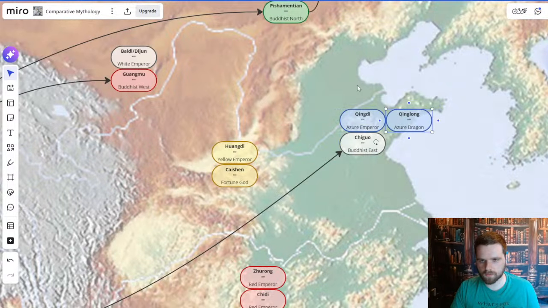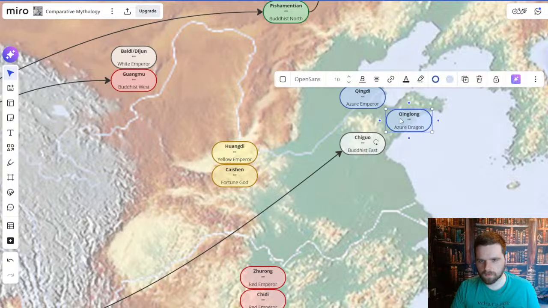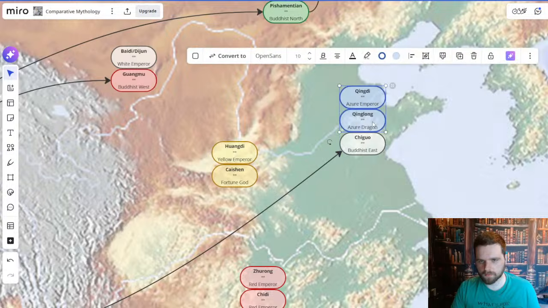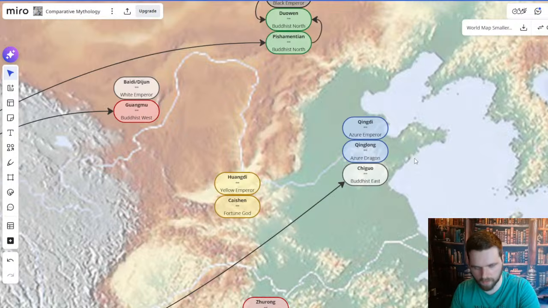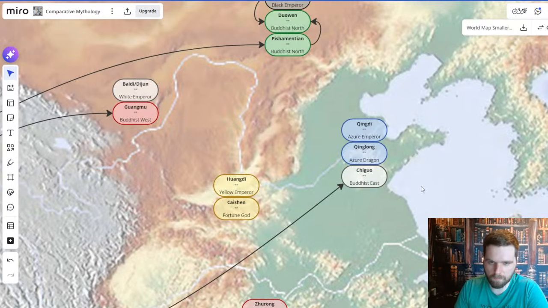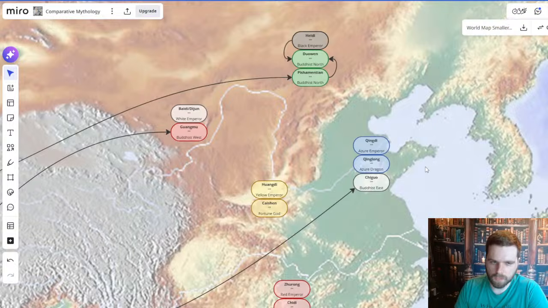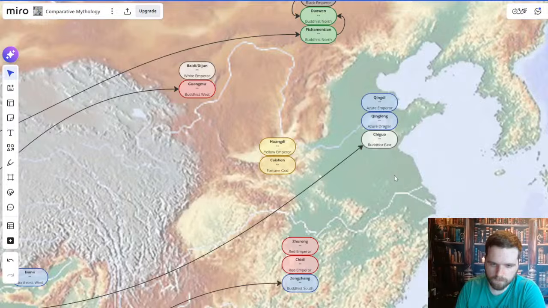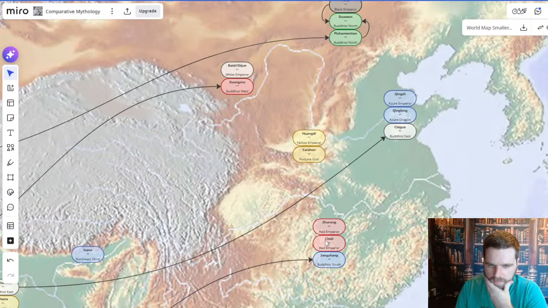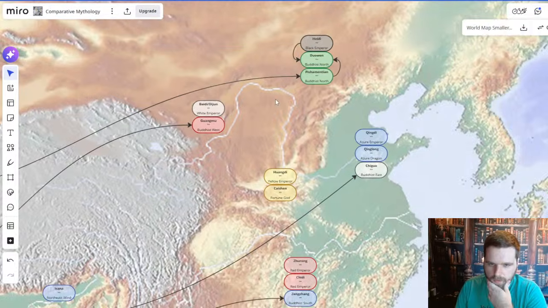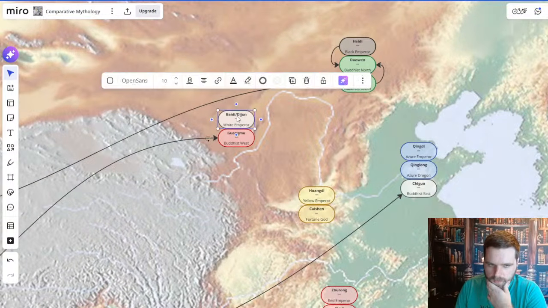Now each of these animals is kind of like a super constellation. In Western astrology, constellations would be made up of these four constellations. In China they are made up of many constellations, and each of them is in a quarter of the sky, representing each season. So each of these is also seasonally coded. Of course, the south is summer, north is winter, then the east is autumn, and the west is spring.